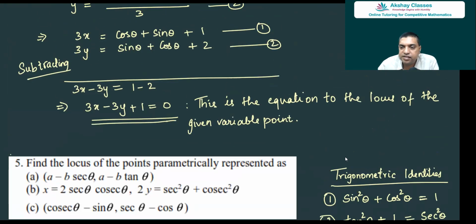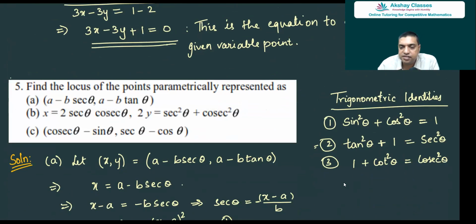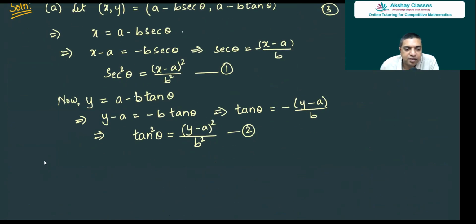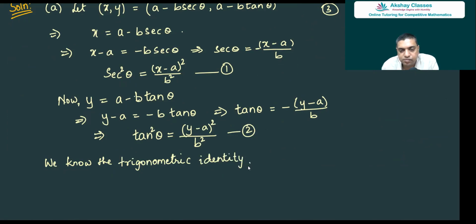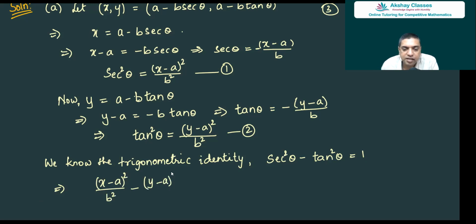Now the trigonometric identity states secant square theta minus tan square theta is 1. So this gives us (x minus a) the whole square upon b square minus (y minus a) the whole square upon b square equal to 1.